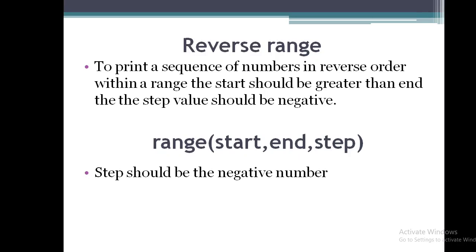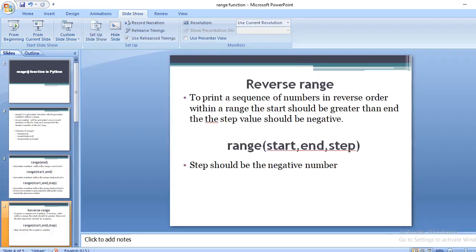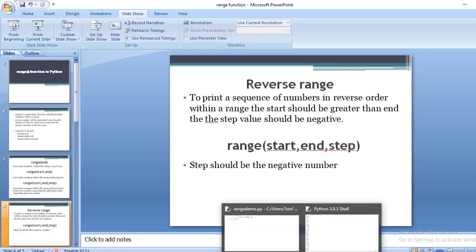Right? So, if you subtract 1 from the first number, you will get the immediate next number. So, like that, the start should be greater than the end, and the step value should be a negative number. Right? Let us check this variant of the range.